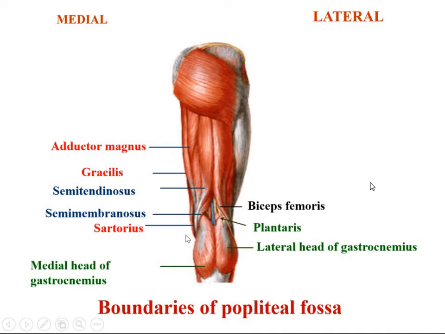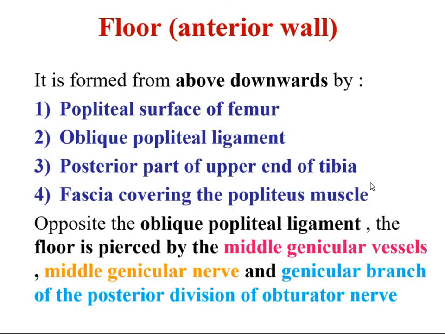The other muscles are not of much concern, so we are only concerned about semitendinosus, semimembranosus, biceps femoris, inferiorly plantaris, the lateral head of gastrocnemius, and the medial head of gastrocnemius. These are the five muscles which form the boundaries of your popliteal fossa. Then we have the floor.